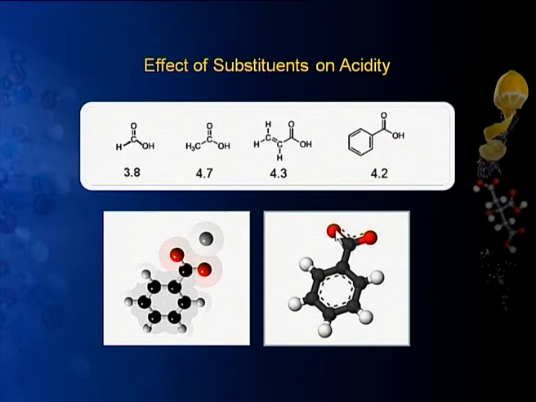The p orbitals are perpendicular on this carbon as well as on this oxygen. They are in a plane which is perpendicular to the plane of this portion of the molecule. And now what happens? This p orbital of this carbon overlaps with the p orbital of this benzene ring carbon also.